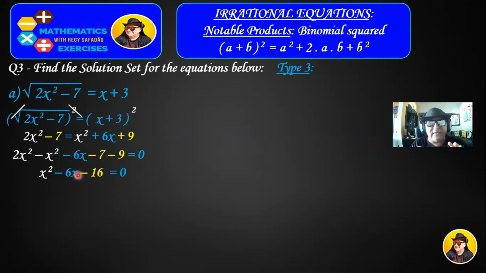Well, let's solve this easily and quickly, okay? See, this is the product, so it means that the product of the equation is negative 16 and the sum is negative 6, okay? So think about two numbers that multiplying we have negative 16, and adding them up, the same two numbers, we have negative 6, okay?